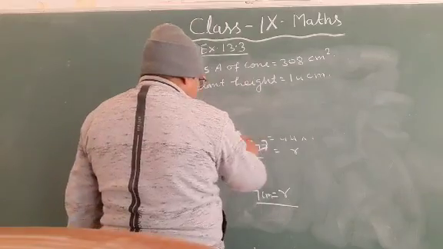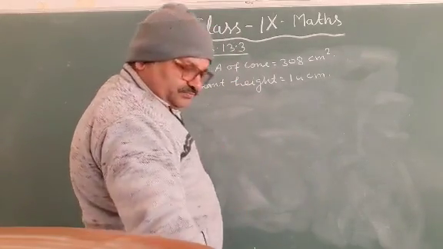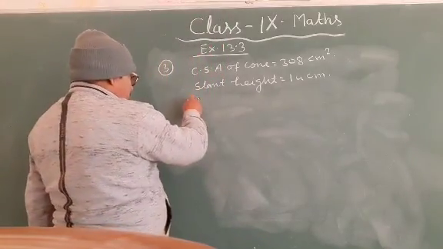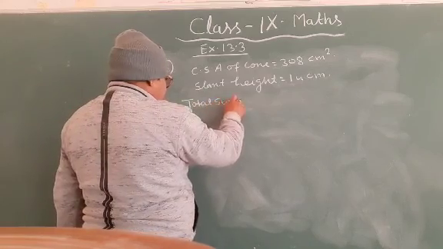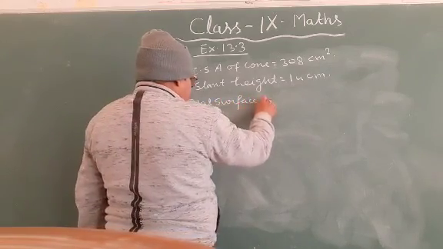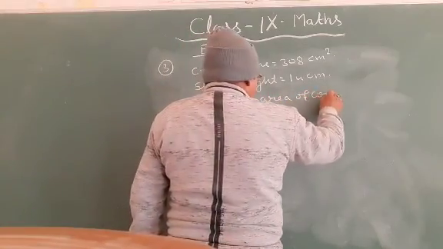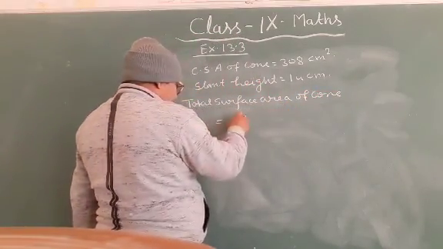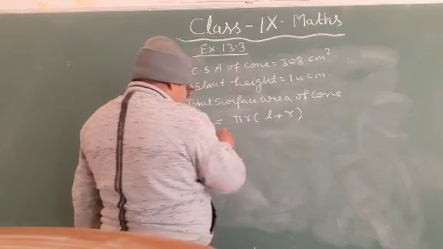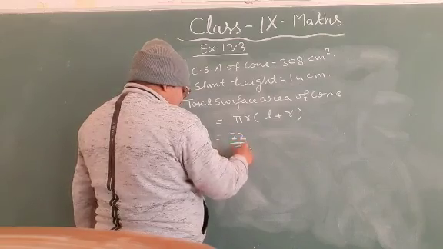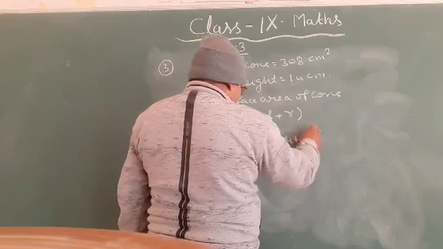Total surface area of cone is equal to pi r (l plus r), so 22 by 7 into 7 into 14 plus 7.